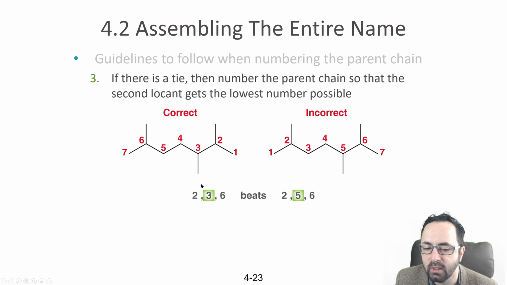So the 2 was a tie. So we need to go to the number of the next branch for the tiebreaker. On the left way of assigning the locants, 3 is the locant for the second branch. Whereas if we number from left to right, 5 is the number for the closest second branch. So we would number it as we see on the left, from right to left, not the one on the right.